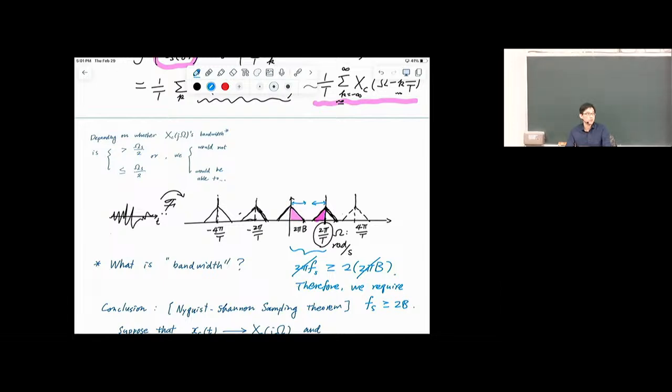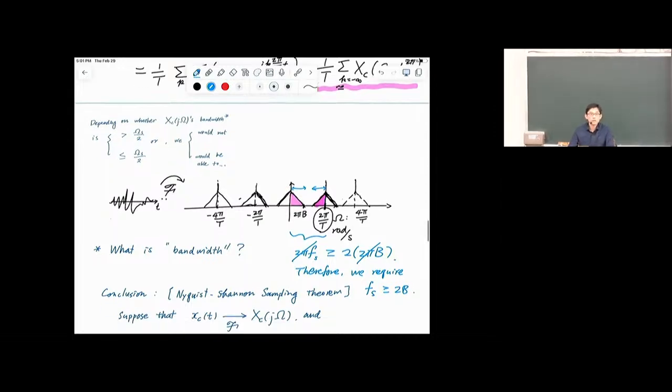When spectrums don't overlap, then we don't have any trouble. And when I say we don't have trouble, that means when we eventually need to, we can recover the original signal by applying a low-pass filter.